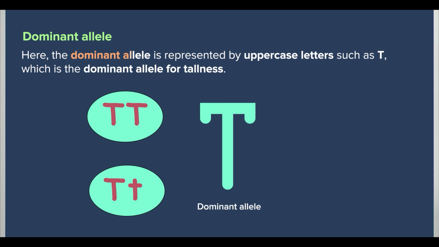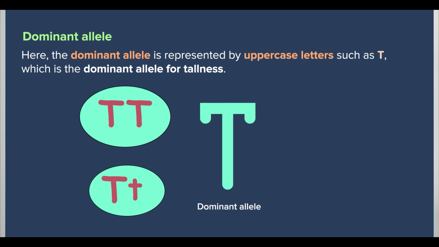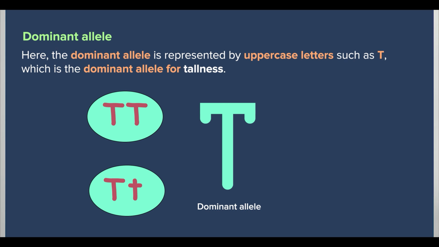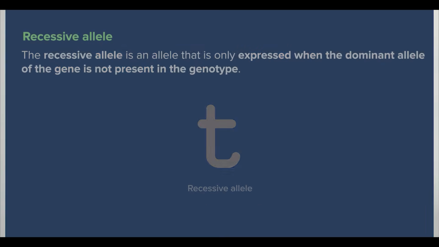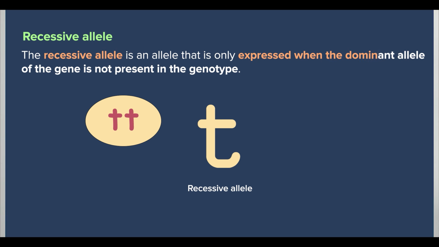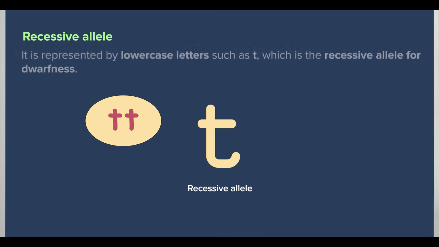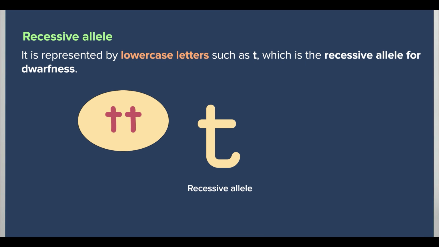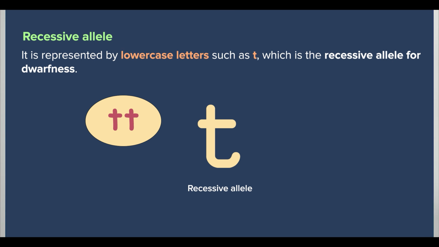Here, the dominant allele is represented by uppercase letters, such as uppercase T, which is the dominant allele for tallness. On the other hand, the recessive allele is an allele that is only expressed when the dominant allele of the gene is not present in the genotype. It is represented by lowercase letters, such as lowercase t, which is the recessive allele for dwarfness.